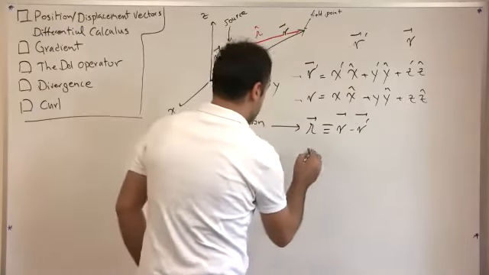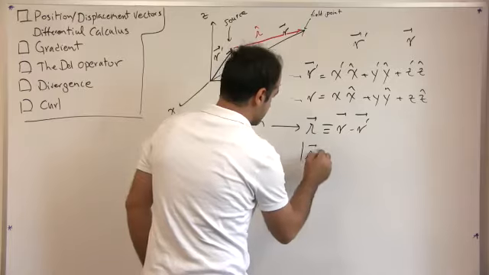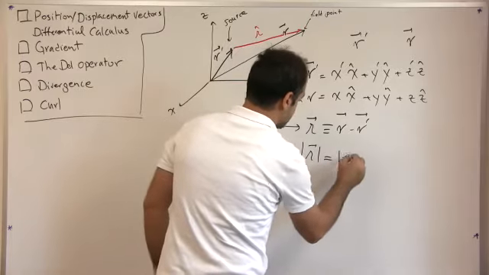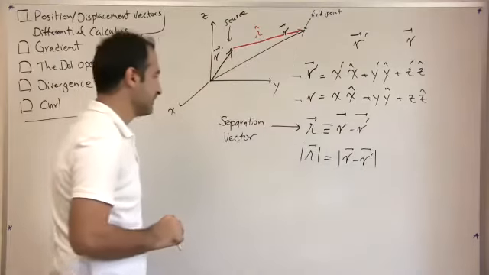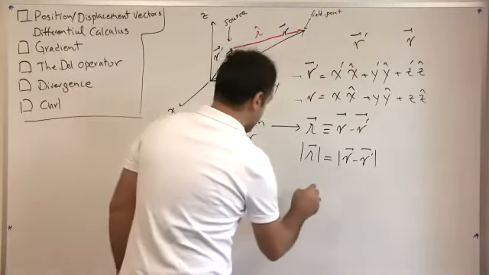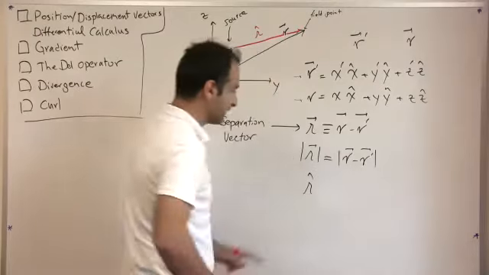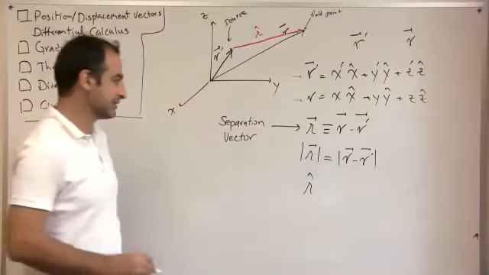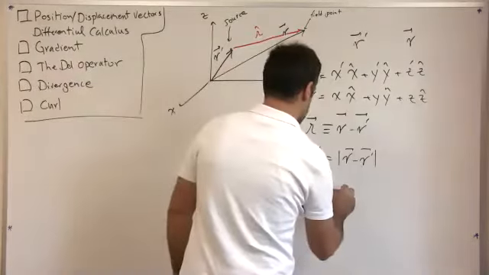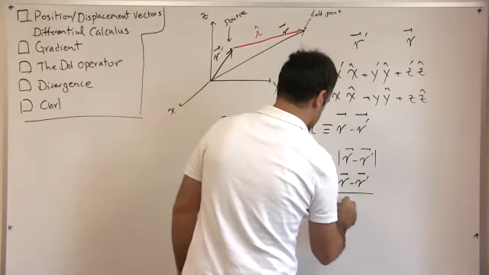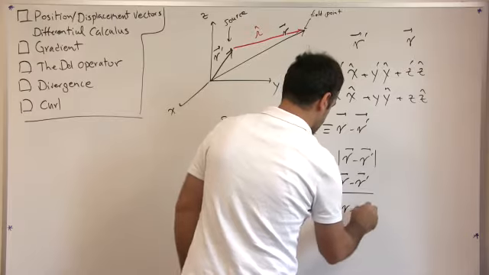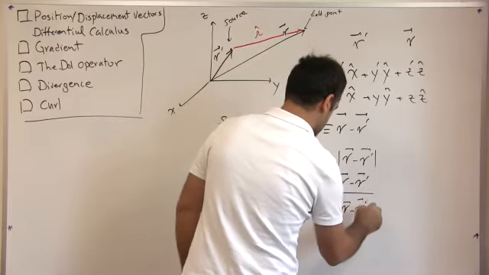And likewise, the magnitude of the separation vector should be equal to the magnitude of r minus r prime. Okay. And sometimes we use the unit vector in the direction of the separation vector, and that should be r minus r prime over the magnitude of r minus r prime.